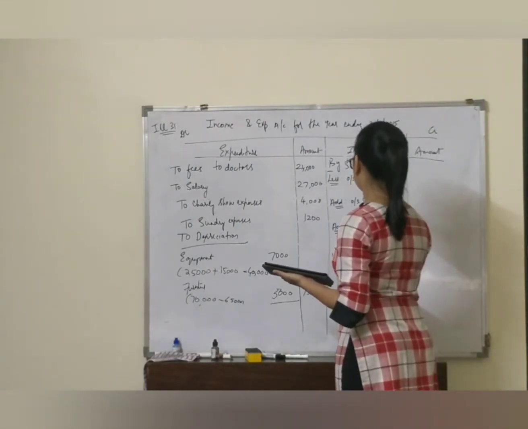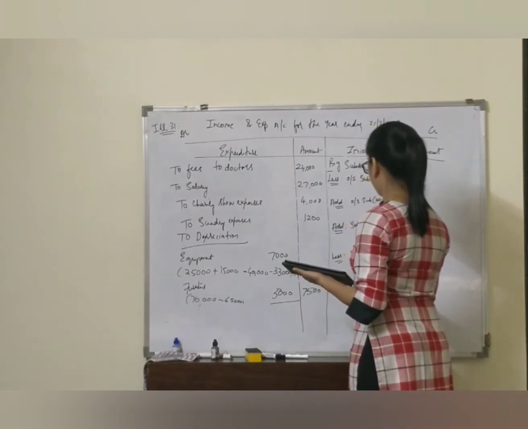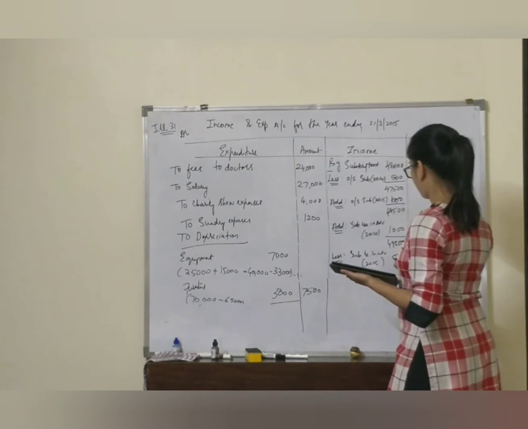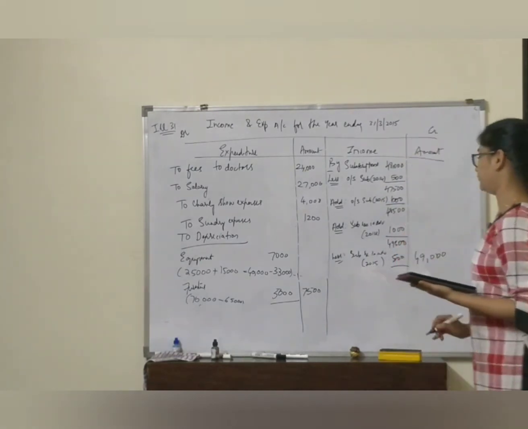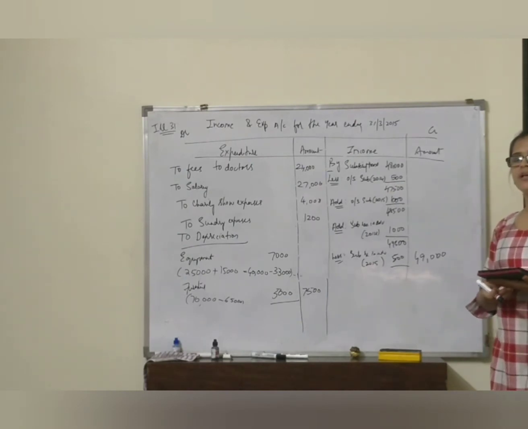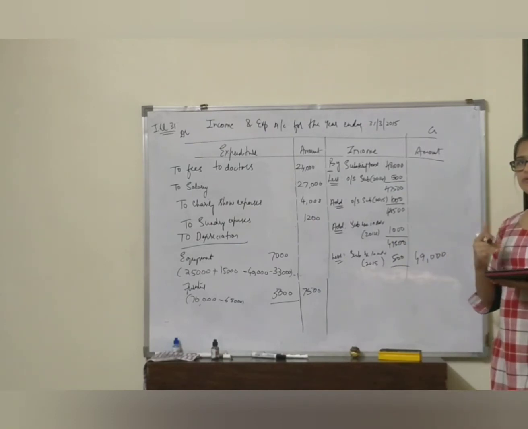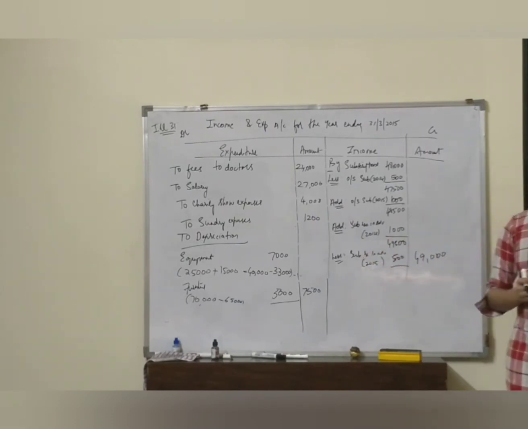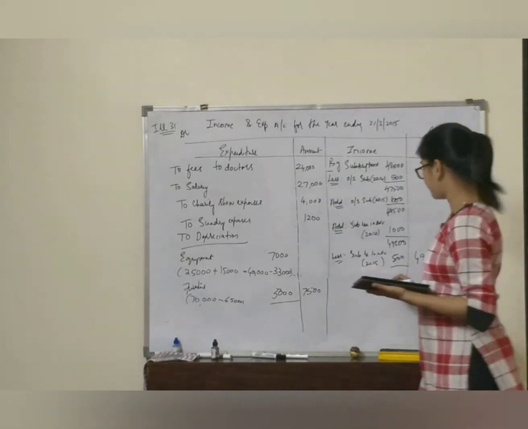Then deduct subscription received in advance in bracket 2015, 500. Total we get 49,000. Why are we deducting the subscription of 2015? Because for 2016 we have received it in 2015, which means it is not of the current year. That is the reason we are deducting it.